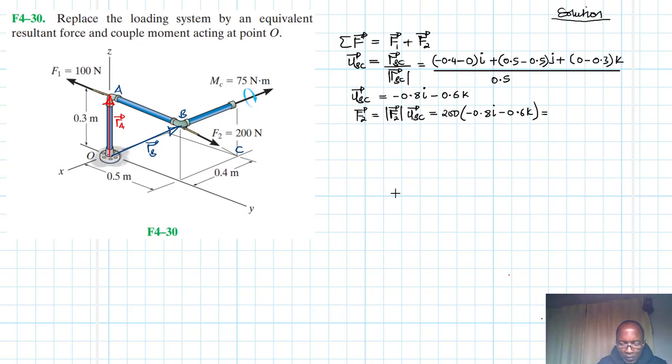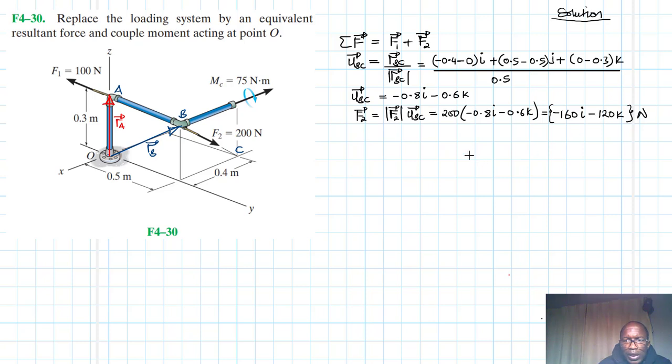Therefore, this gives us minus 0.8 by 200, which gives us minus 160 I, minus 0.6 by 200 is minus 120k Newtons. Let me just check it by using Pythagoras. Okay, it's giving us 200.